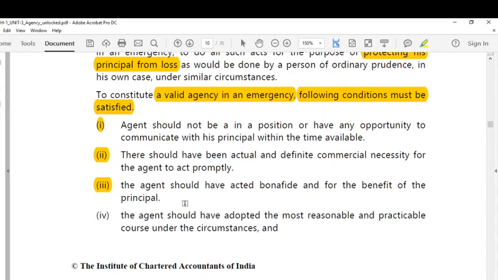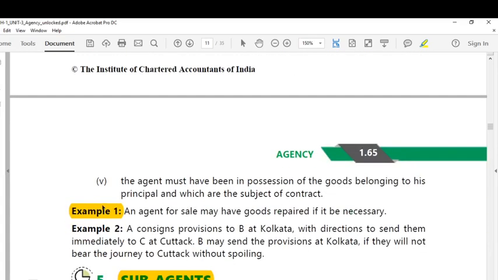That has to be there to make the agency in an emergency a valid one. And the next one is that the agent should have adopted the most reasonable and practical course under the circumstances. So all the actions of the agent should be a reasonable and practicable course under the circumstances.